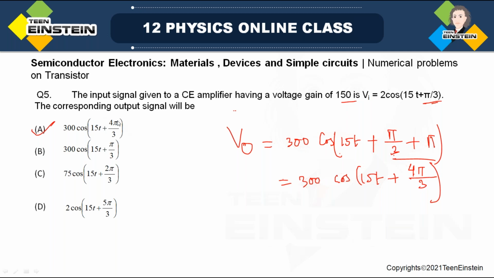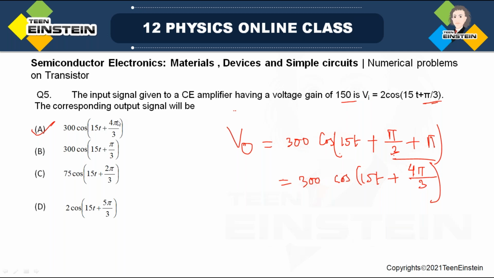And amplifier output is always pi radian ahead, or there is a phase difference between input and output of an amplifier of 180 degree or pi.